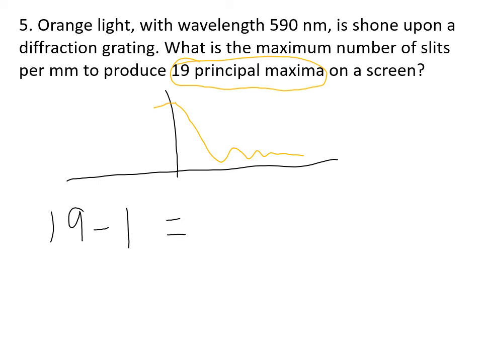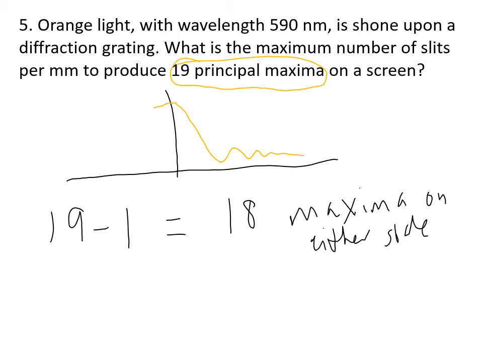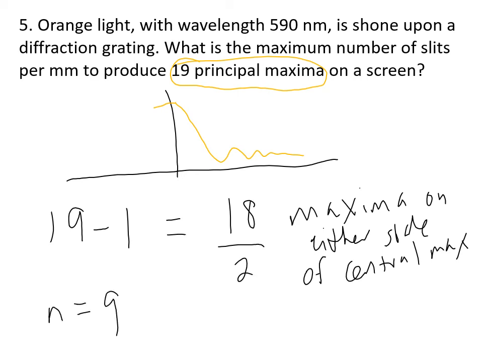That gives you 18 maxima on either side of the central maximum. So to figure out how many are on either side, just divide by 2. 18 over 2, so n is equal to 9. That angle is coming out all the way to the 9th peak, and that is the total number you see.